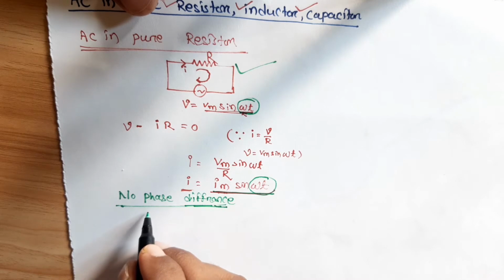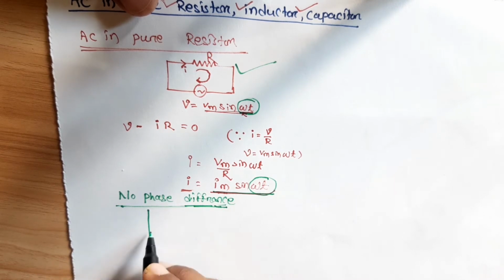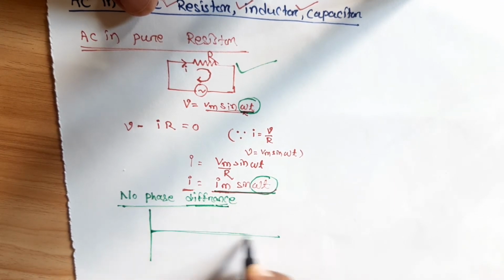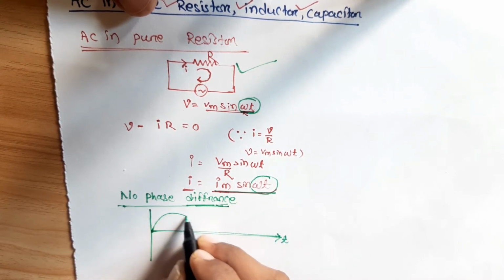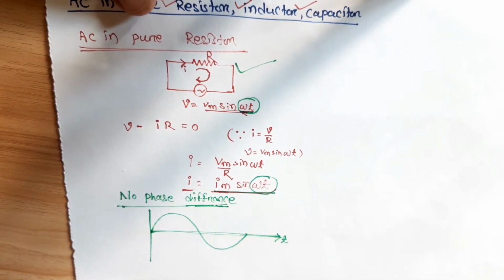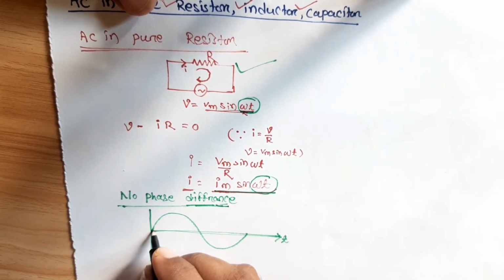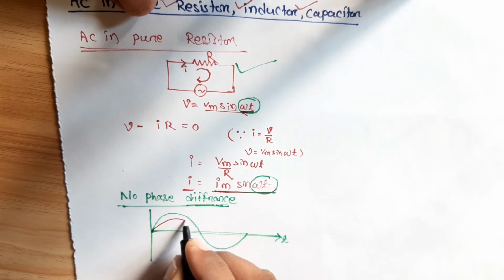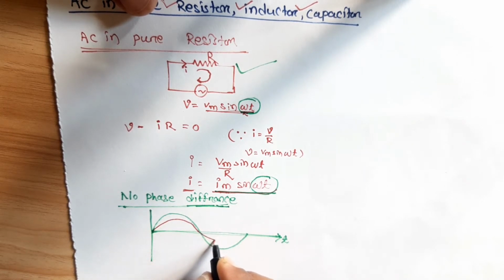When you draw the wave diagram, this is the time axis. This is the voltage wave, and since there is no phase difference, the current flows in phase with this voltage.